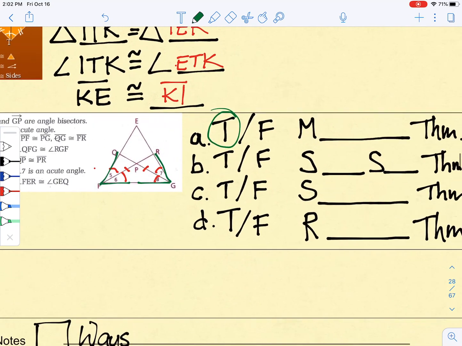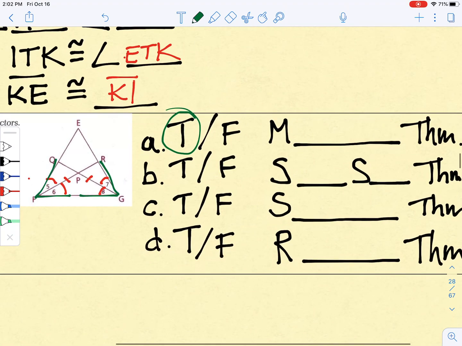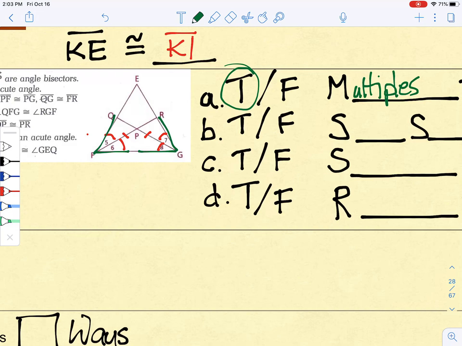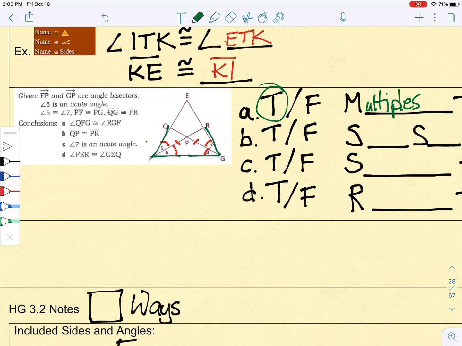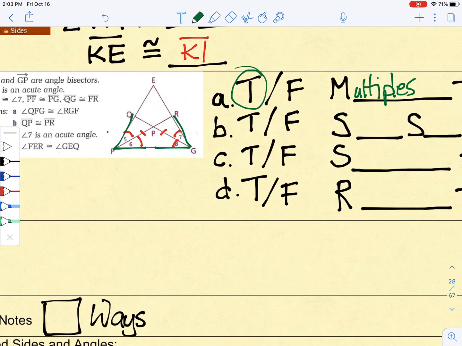Why? Well, we have a theorem from the last chapter 2 that was called the multiples theorem. Remember, if 5 and 7 are congruent, and then you double it, because you create a bisection there, we have a larger angle, therefore then that one is congruent. Next, is QP congruent to PR?